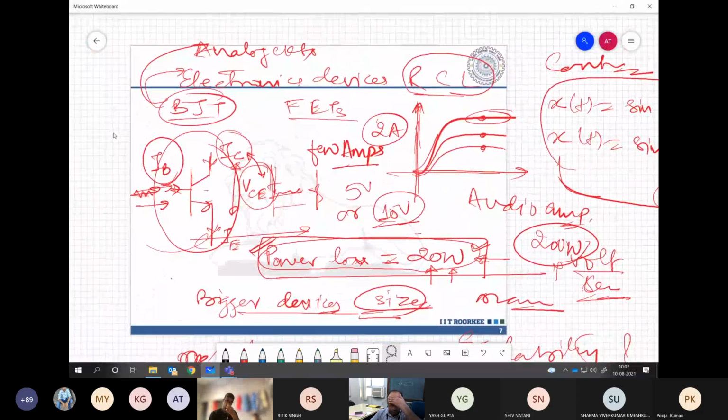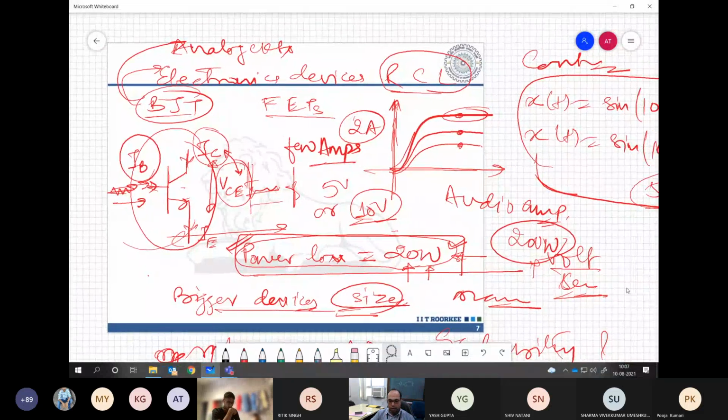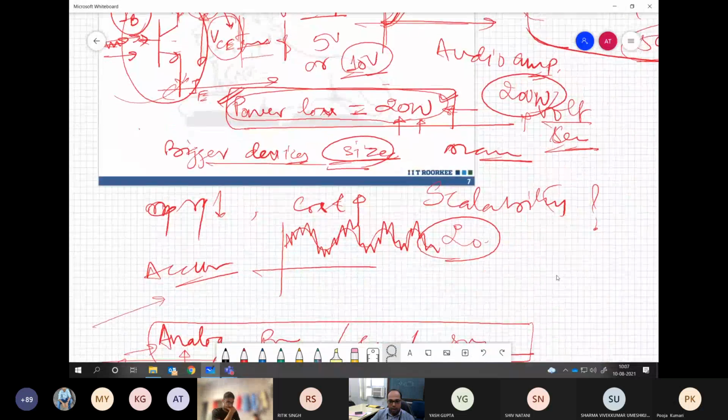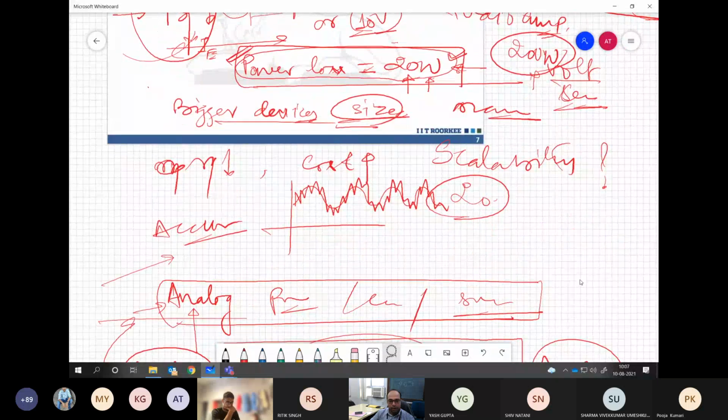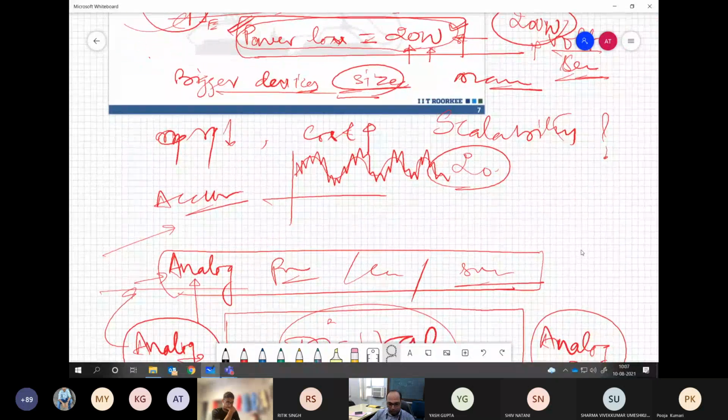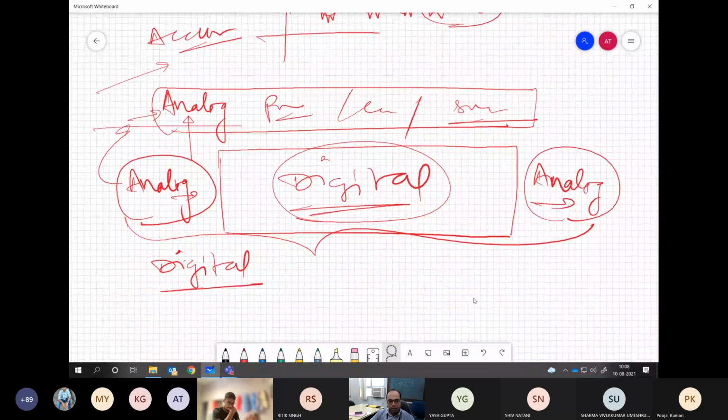There could be power loss because the electronic devices operating in the linear zone may cause a lot of losses. Because of that power loss, cost gets increased, efficiency gets reduced, and scalability is questionable. All these things we are trying to mitigate through our digital design or digital circuits.